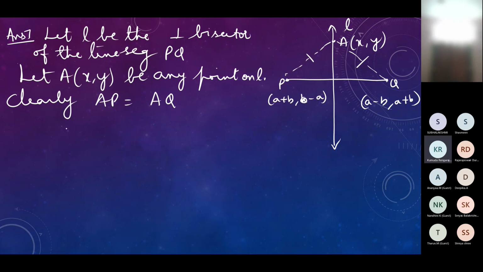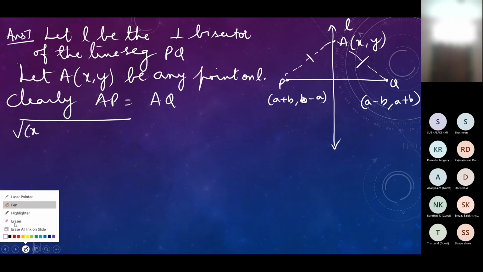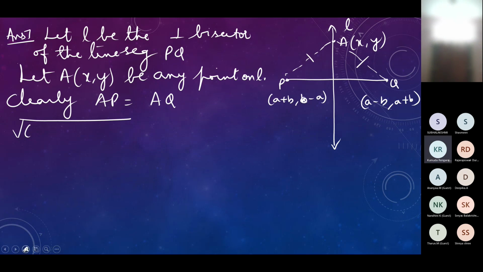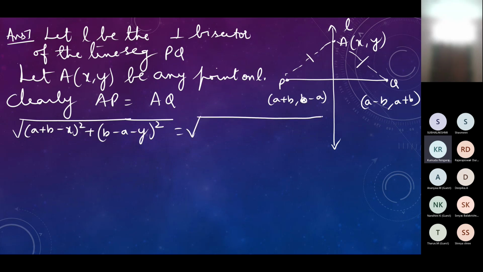You know why? So how do you find the distance AP? Square root of x2 minus x1 the whole square, the difference of the x coordinates. So let me write this first. The distance AP is equal to square root of A plus B minus x the whole square plus B minus A minus y the whole square, and AQ is equal to square root of A minus B minus x the whole square plus A plus B minus y the whole square.